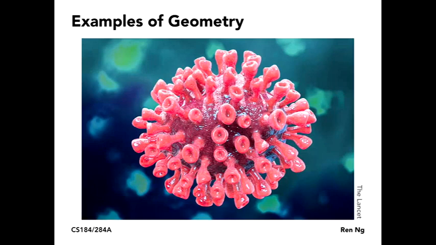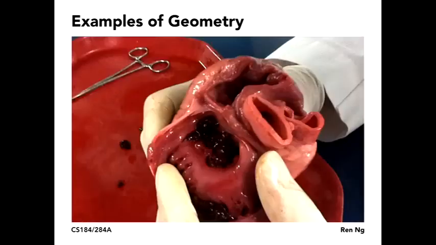Coronavirus. Or, this is a real heart. And you can imagine trying to represent the geometry of a heart, but maybe also some of its properties as a three-dimensional object.